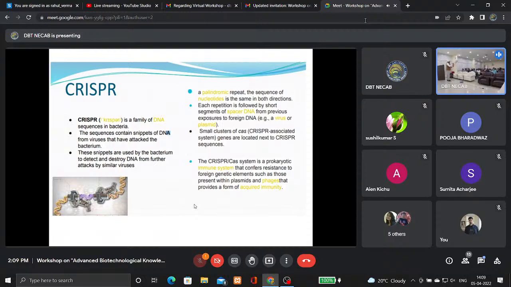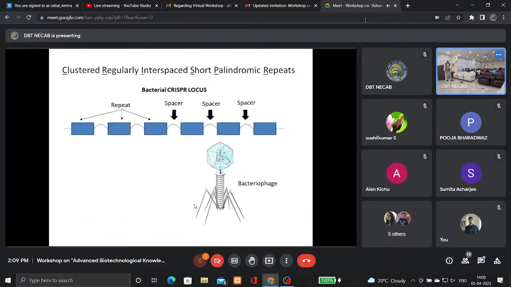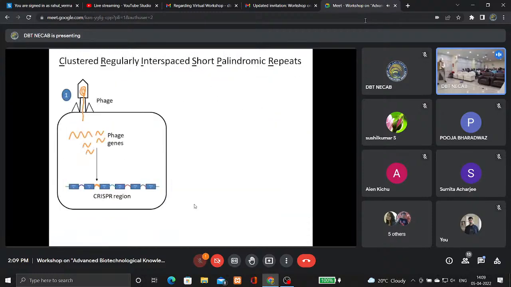You know that bacteria are infected by some viruses which are called bacteriophages. Whenever a bacteriophage attacks, it will infect and inject its own genomic DNA.